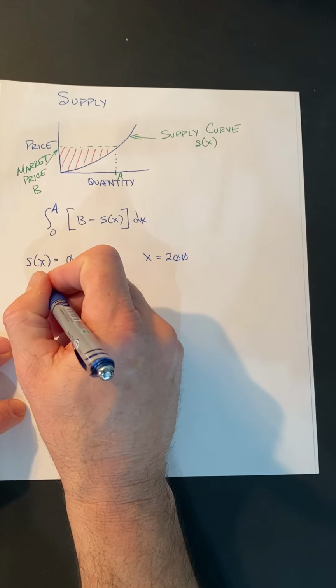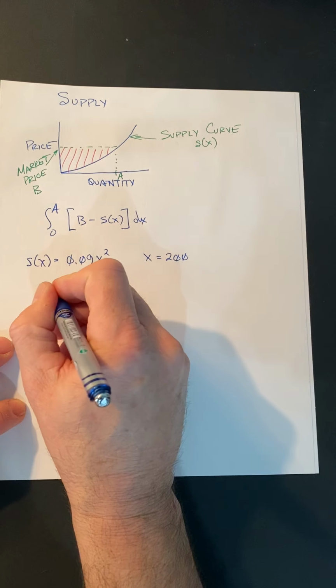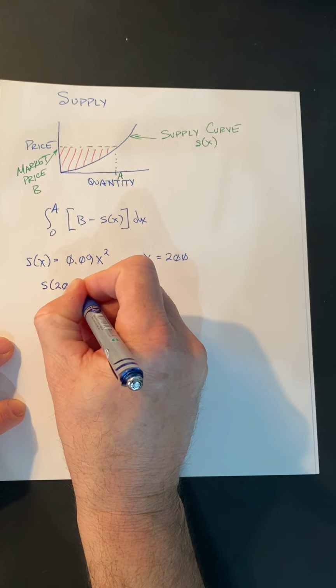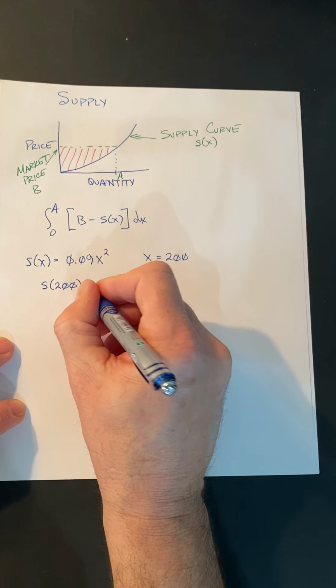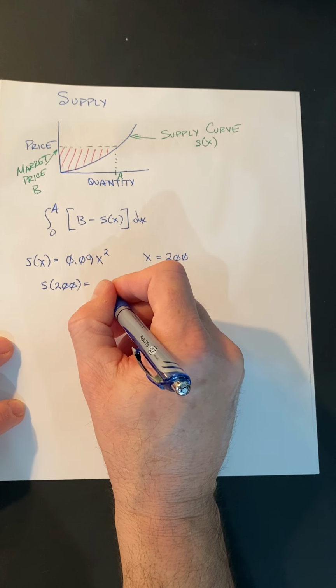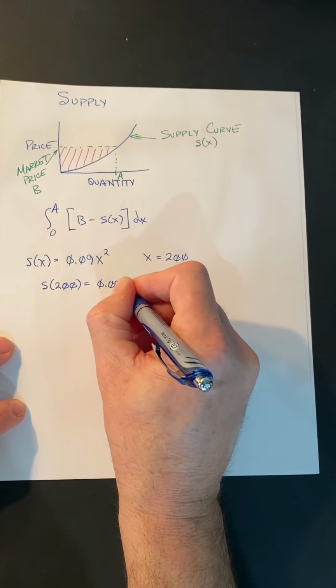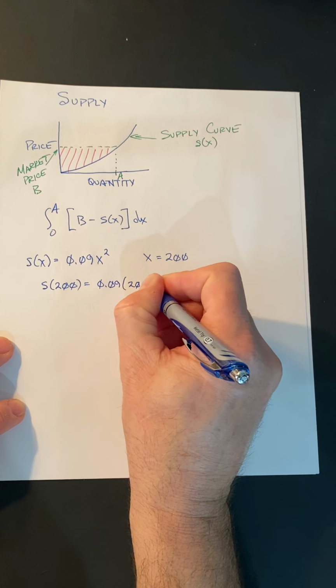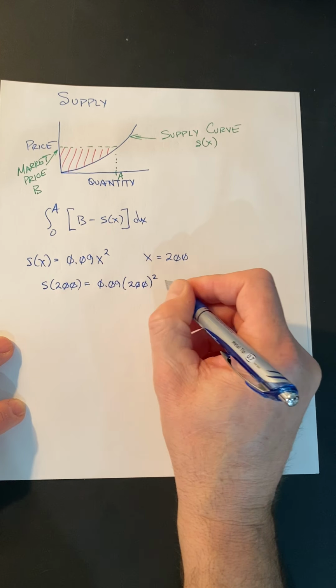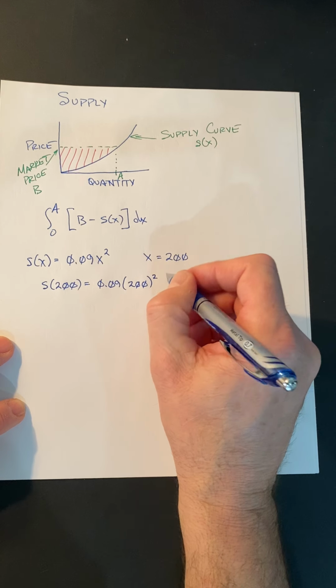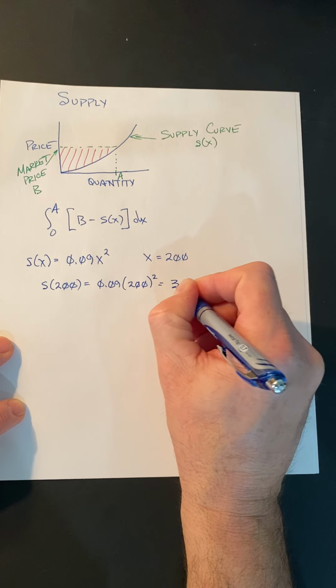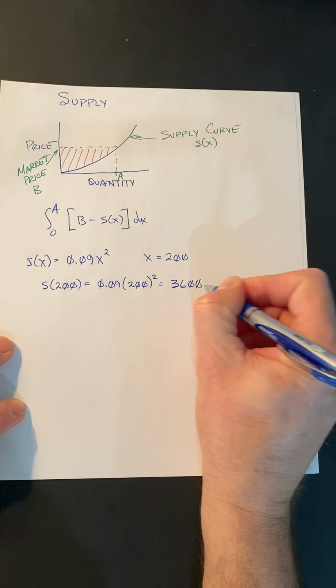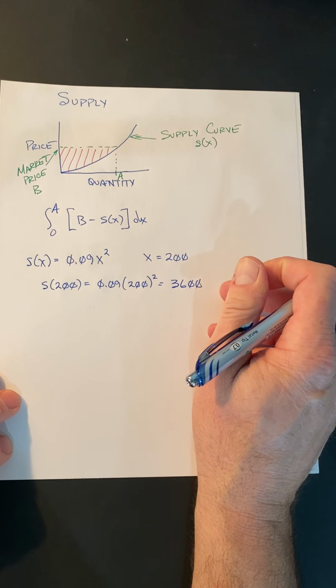So first thing I'm going to do is I'm going to take my 200 and I'm going to find my market price, all right? So S of 200 is 0.09 times 200 squared. And when I put that into my calculator, I get a number of 3,600, okay?